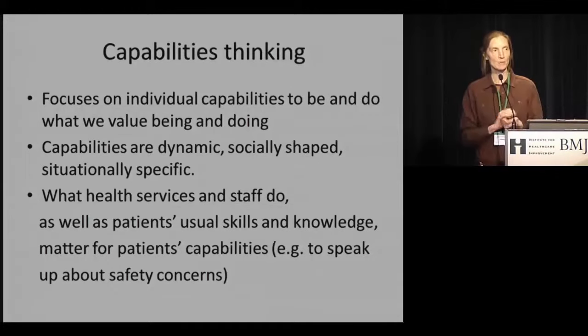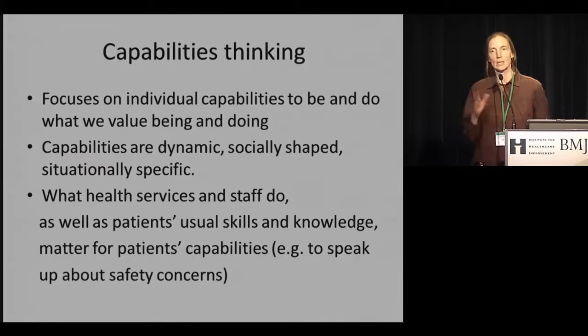We really need to be paying attention to the broad range of ways in which what health services and staff do and how they interact with patients can really affect patients' ability to speak up, for example, and contribute to their care. I'm just going to float that out and leave it there for now.